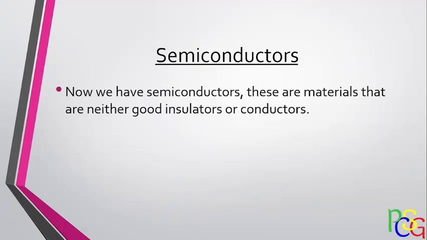So now there's something called semiconductors. Now these materials fall into the middle ground, where there's neither a good insulator nor a good conductor, right? So it neither insulates things well, nor does it conduct very well, whereas it's not flowing very freely, neither does it restrict it very much.